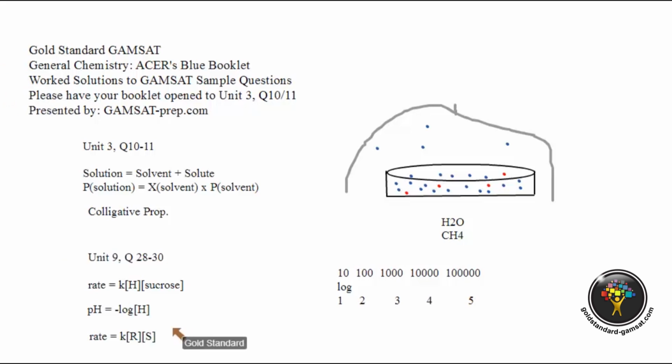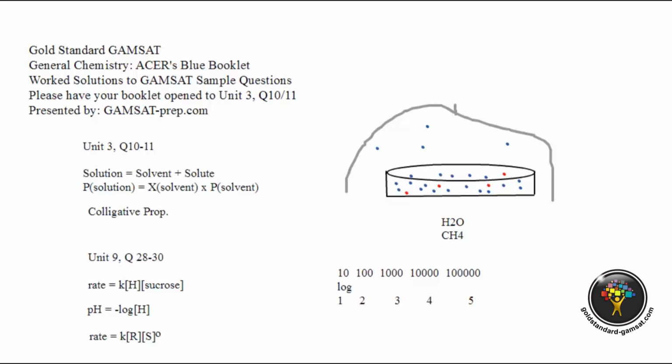Remember, doubling S has no effect on the rate. So if it has no effect, the exponent would be 0. Okay, so the exponent of S is 0.